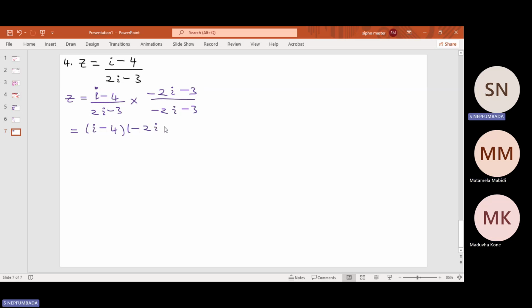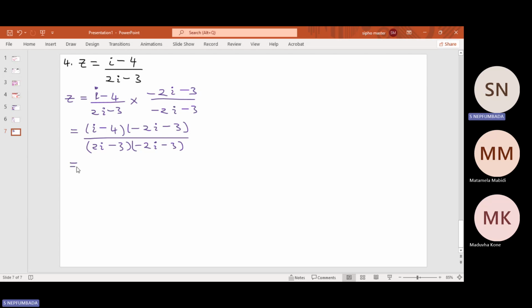Then this is nothing but going to be like this, divided by 2i minus 3 times minus 2i minus 3.